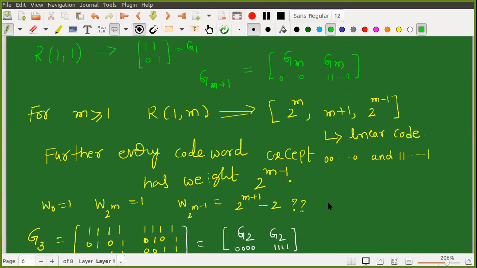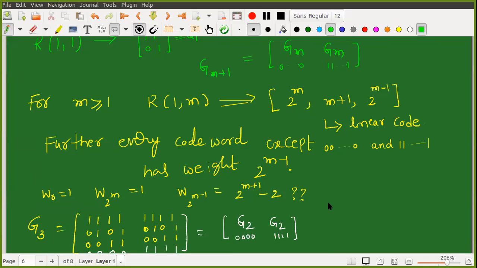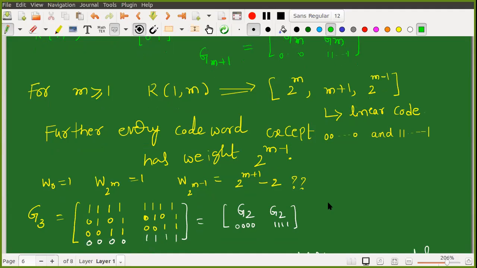One more interesting thing is that for every codeword except 0 and all ones, every codeword has weight 2 power m minus 1. That is a beauty. That also can be proved very nicely. That means the weight distribution is like this. There is one word of weight 0, one word of weight 2 power m, only one word, that is all ones, but all the remaining weights are 2 power m minus 1.